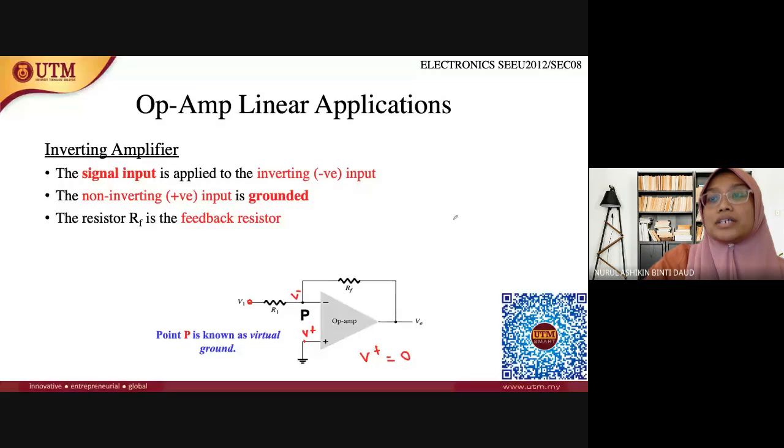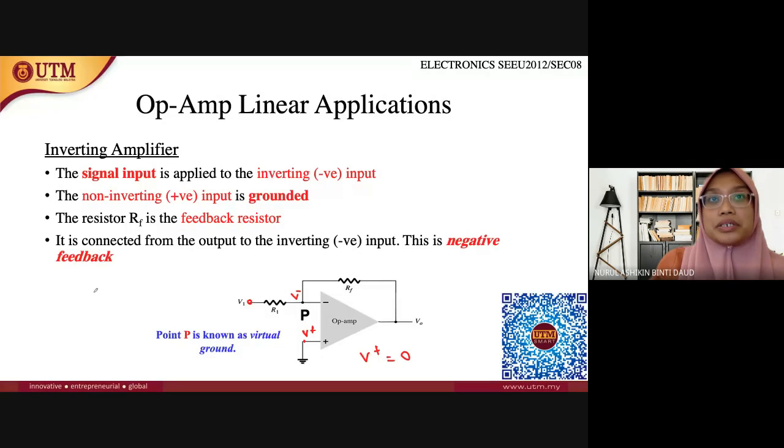The resistor RF here represents the feedback resistor. It is connected from the output to the inverting, negative terminal of this op amp, and that is why it is called negative feedback.